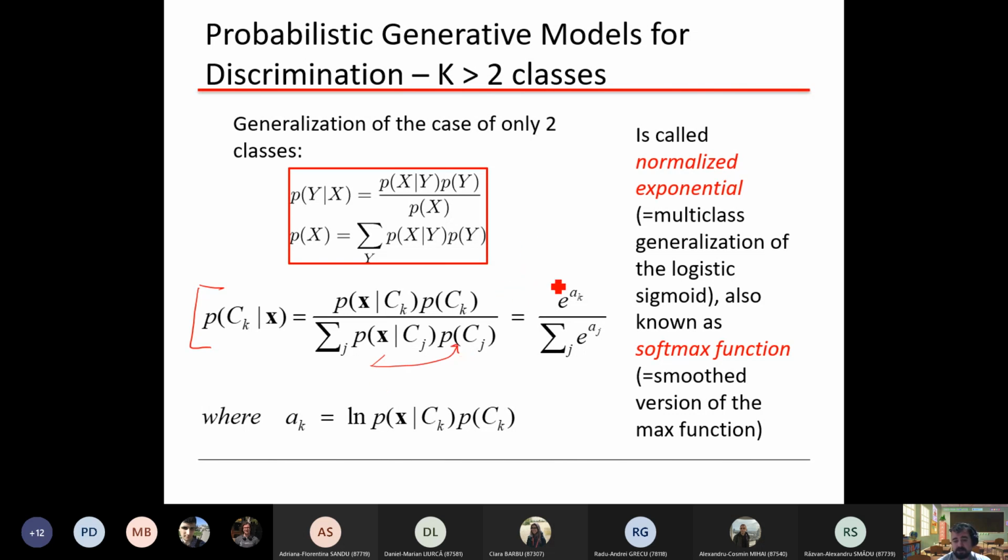Again, we would like to reach some exponentials, so we will write this term as e to the power ak, which means that ak will be the logarithm of this, divided by the summation of e to the aj. This is called the normalized exponential or softmax function. It's a multi-class generalization of the logistic sigmoid. And it's called softmax because it's a smoothed version of the max function.